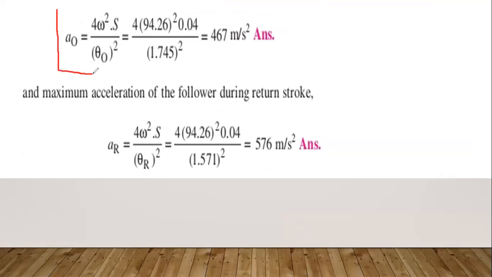We have the formula for the acceleration of the outstroke for uniform acceleration and retardation motion: acceleration for the outstroke is 4 into omega square into S by theta of outstroke whole square.